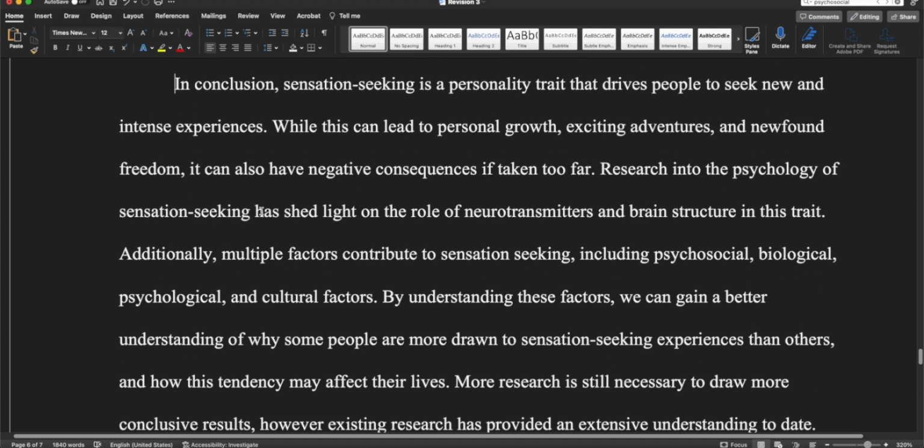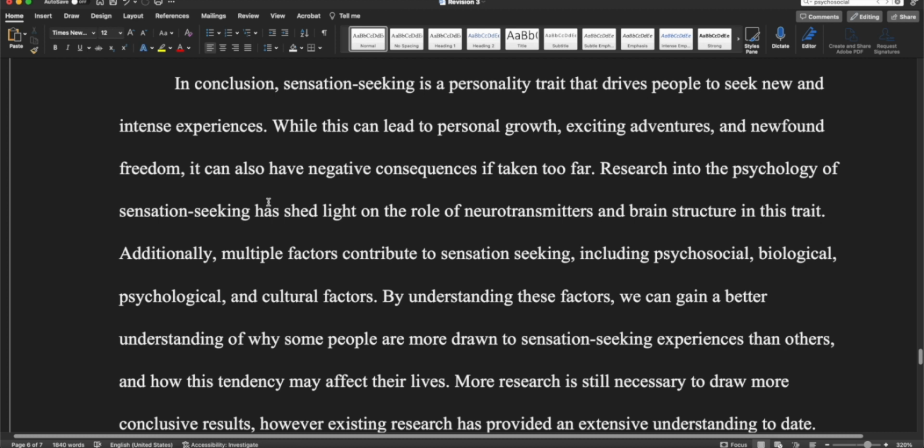Let's read the conclusion and see how it matches up with the rest of our paper now. In conclusion, sensation seeking is a personality trait that drives people to seek new and intense experience. While this can lead to personal growth, exciting adventures, and newfound freedom, it can also have negative consequences if taken too far. Research into the psychology of sensation seeking has shed light on the role of neurotransmitters and brain structure in this trait. Additionally, multiple factors contribute to sensation seeking, including psychosocial, biological, psychological, and cultural factors.